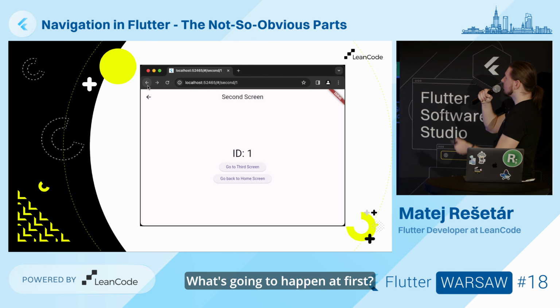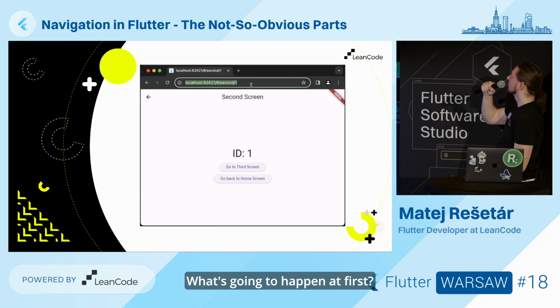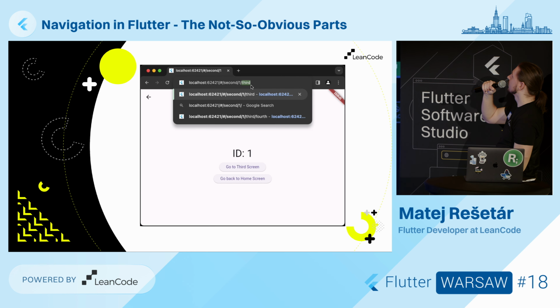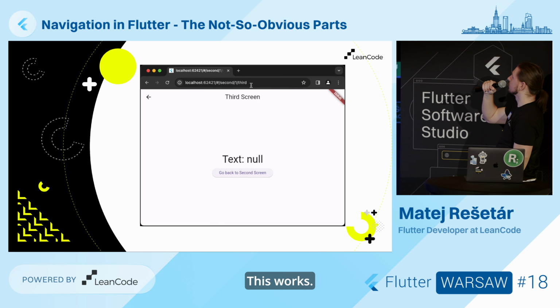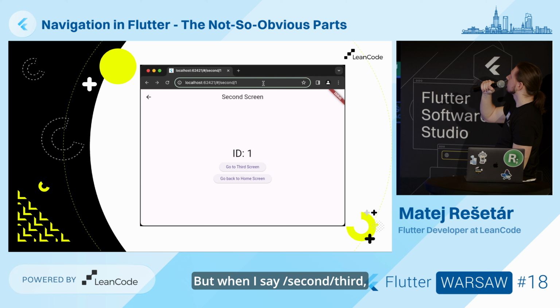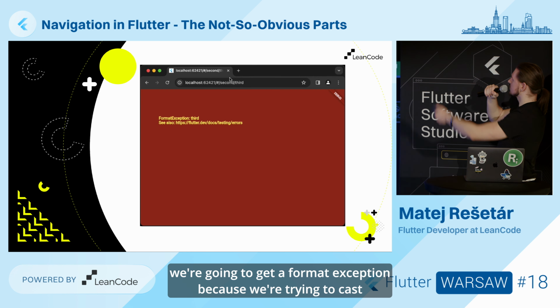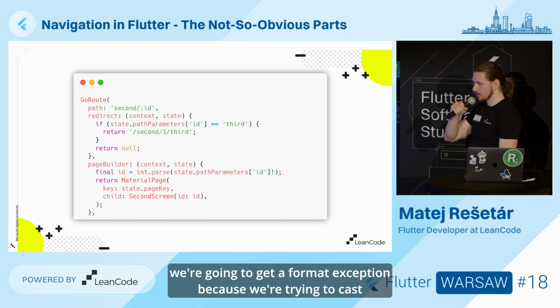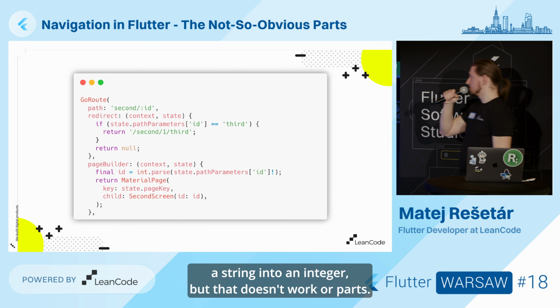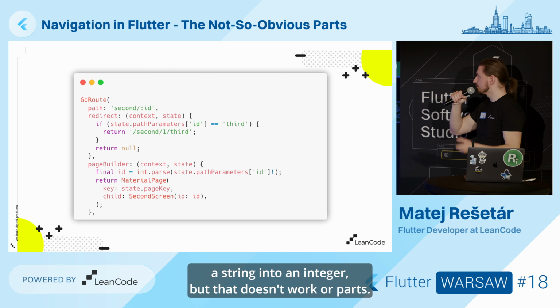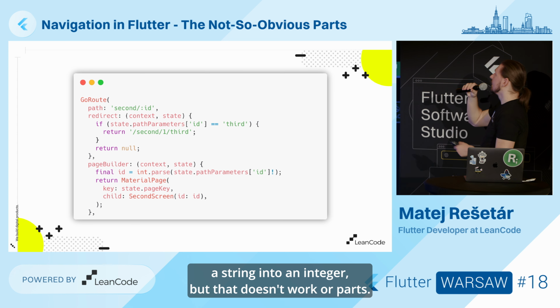So at first this works, but when I say /second/third, we're going to get a format exception because we're trying to cast a string into an integer, but that doesn't work, or parse.